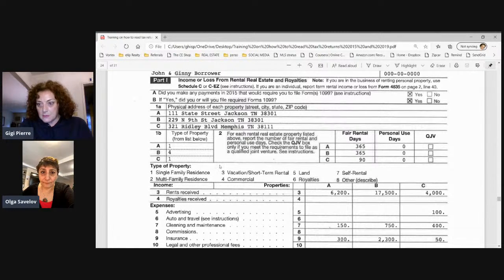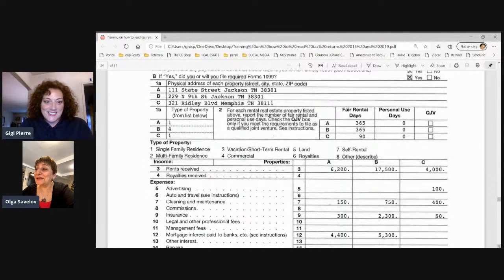Or the type of investment. I just want to make sure they see it. That's a lot. Yes, it's very complicated, but it's still fun.